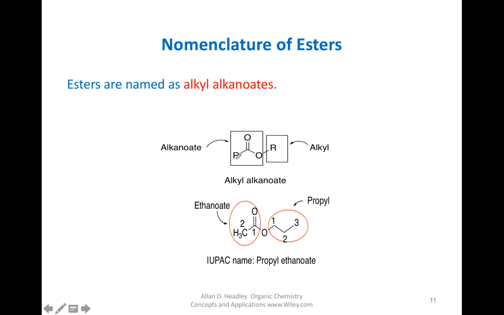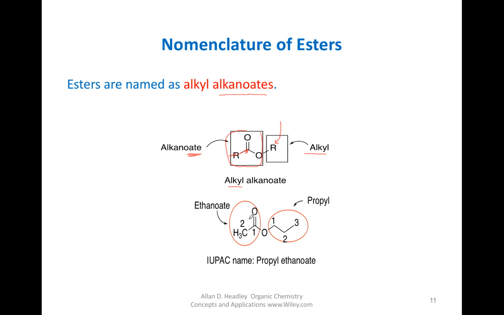Let us now look at how we name these molecules. They're named as alkyl alkanoates. Keyword here is alkanoate. So identify your functional group here, the ester. This group here, this alkyl group, goes first. And this part here goes last, but it's changed to an alkanoate, ending in -oate, based on the number of carbons that are in this portion of the molecule. So let's look at an example here.